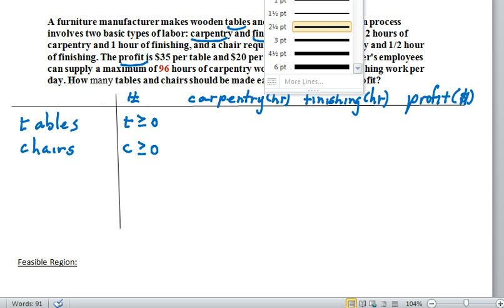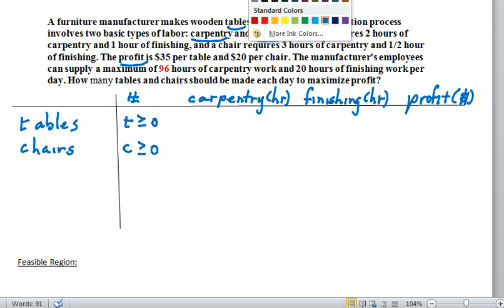And we see that the tables require 2 hours of carpentry, 1 hour of finishing, and provide $35 per table profit.